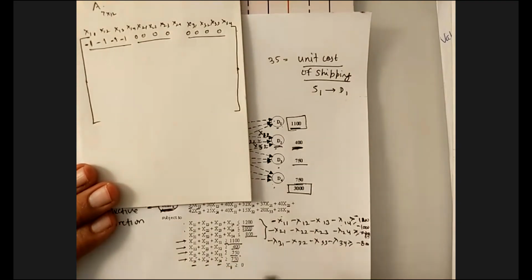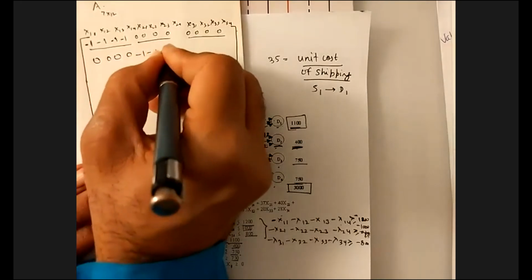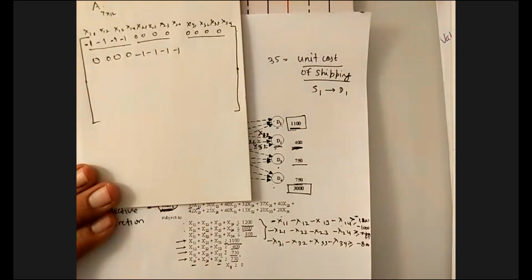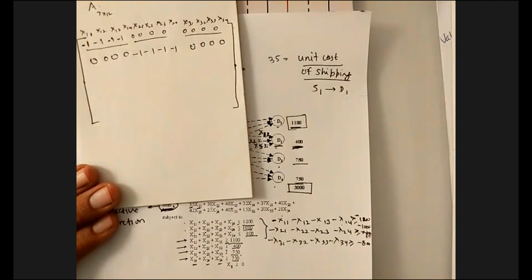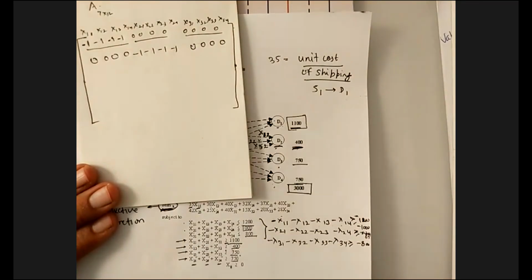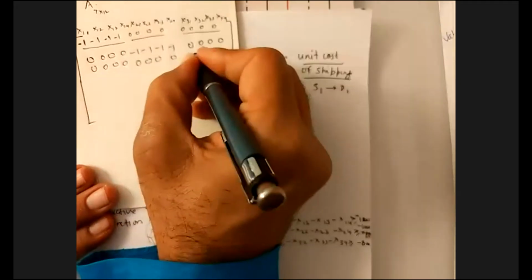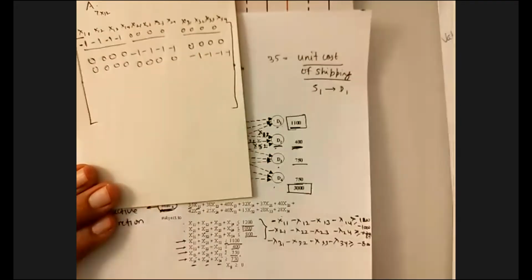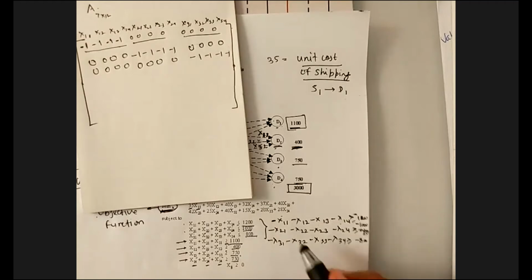My second row would look like zeros over here, and then 4 -1s. And then the right-hand side would be 0 again. And then my third row would be first 8 zeros. Okay. So this basically confirms the left-hand side.